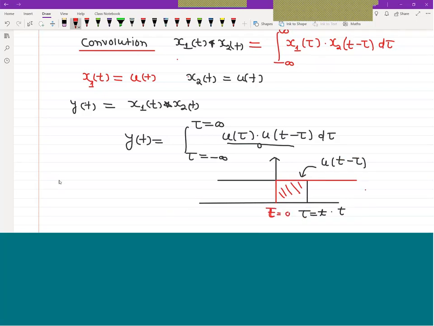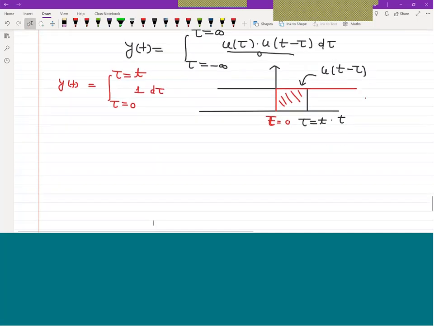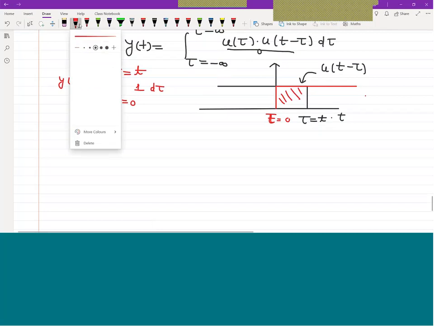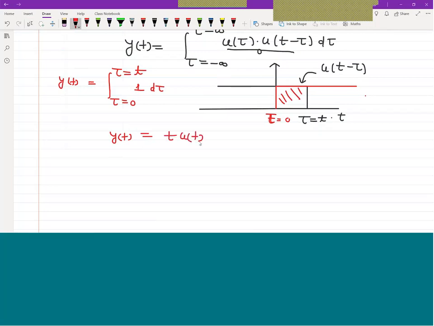So what I can say, y(t) is nothing but the integration from tau equal to 0 to tau equal to t of 1 into d tau. So you can say y(t) is equivalent to t for t greater than 0, or this can be written as t into u(t).